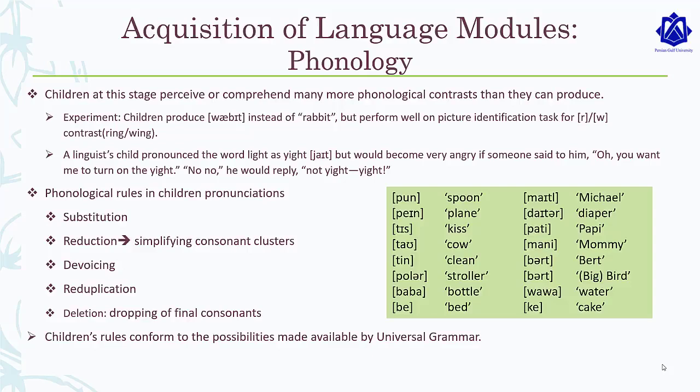If we look at what children produce, we can find out that it is rule governed. For example, let's have a look at these pronunciations from a child. Spoon is produced as "pun." Plane, "pane." Kiss, "tis." Cow, "tow." Clean, "tin." Stroller, "polar."